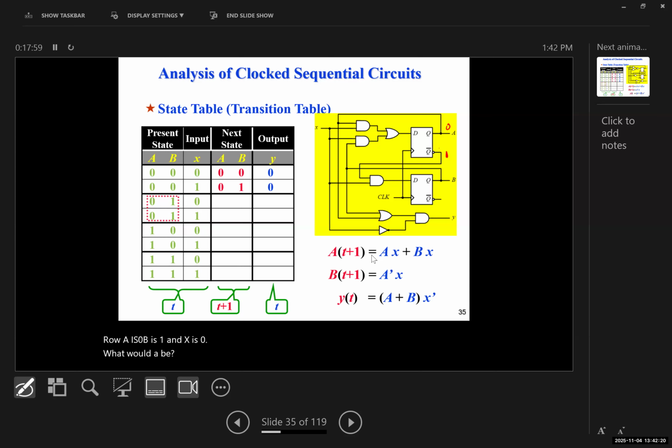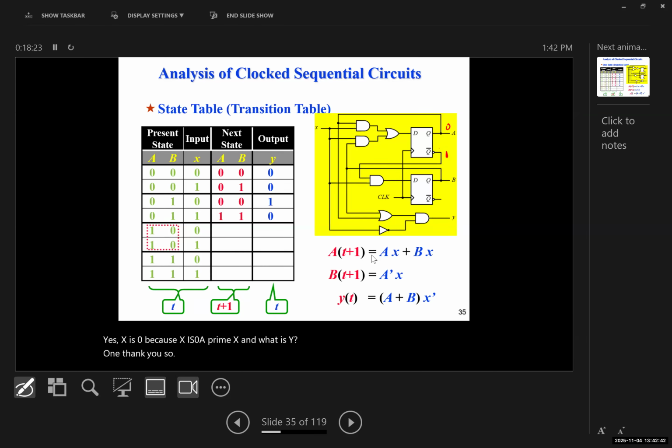What would B be? Are you sure? Yes, X is 0, because X is 0, A prime X is 0. And what is Y? 1, thank you. So 0, 0, 1.